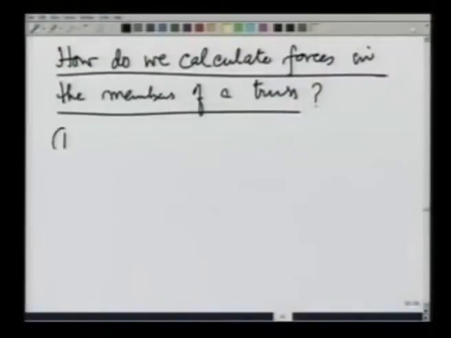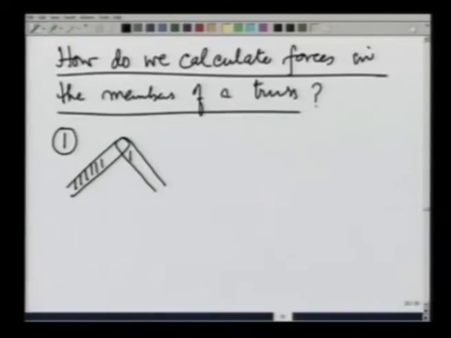Number 1: when these members, which we take to be sort of rods but are wide enough, when the middle lines cut, we are going to take that intersection as a pin joint.